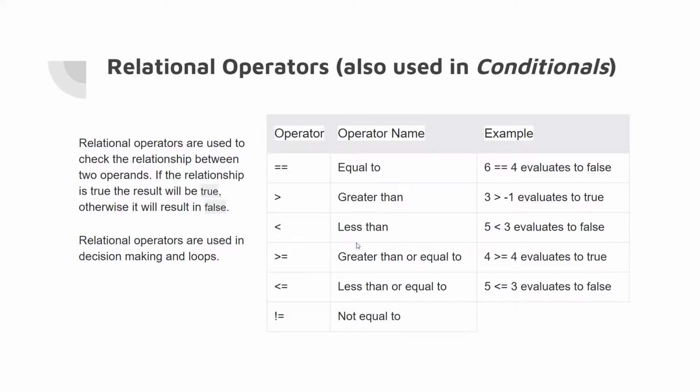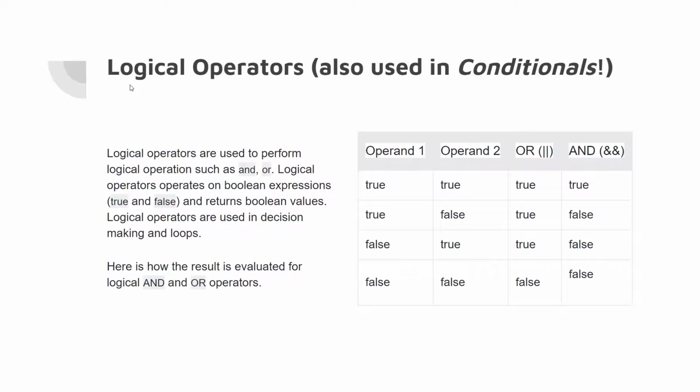We have greater than, less than, greater than or equal to, less than or equal to. And also this bang equals, which means not equal to. So if we wanted to say, oh, do this for every month except February, we would say month bang equals February. That would say, okay, does not equal February, right? So these are our basic relational operators.